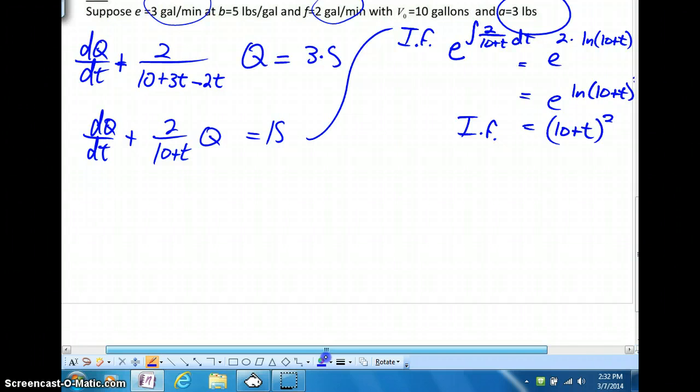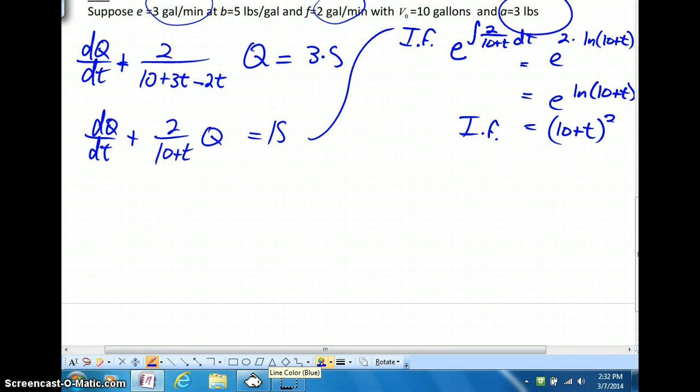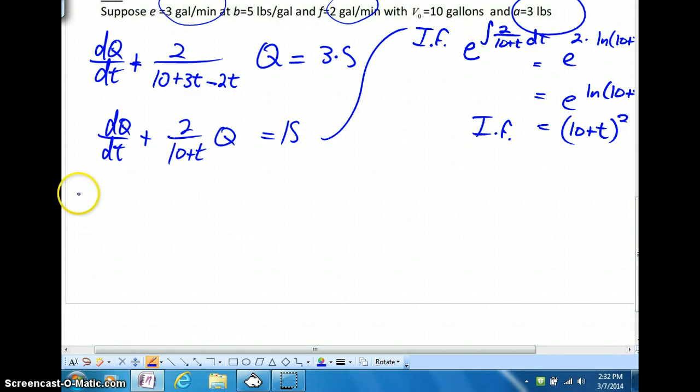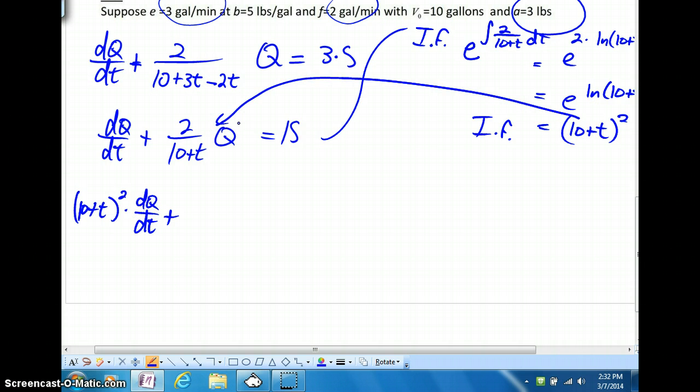Wow. Well, you know what to do with that. We're going to multiply 10 plus t quantity squared everywhere. That gets multiplied to every part of the problem. So I'm going to get 10 plus t quantity squared times dq dt. When I multiply 10 plus t quantity squared to 2 over 10 plus t, what are we left with? A 2 and then a 10 plus t. Look at that, one of the 10 plus t's cancels out.